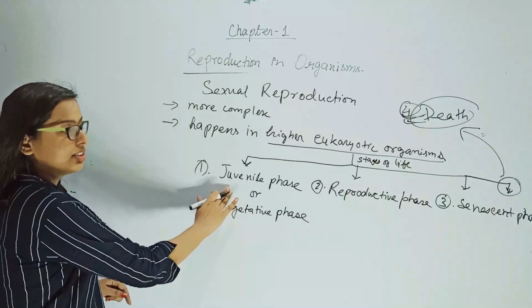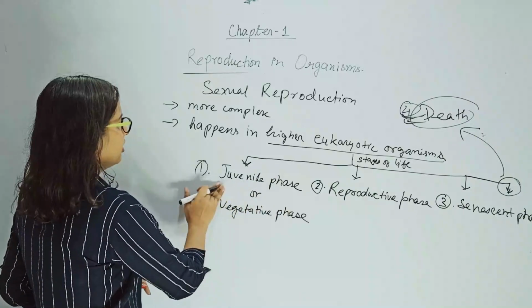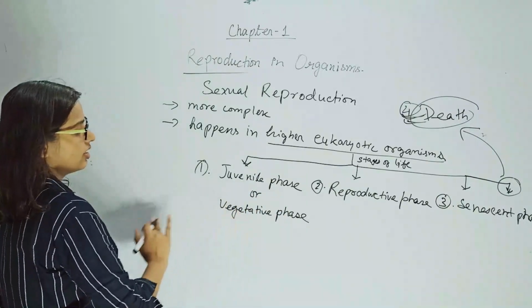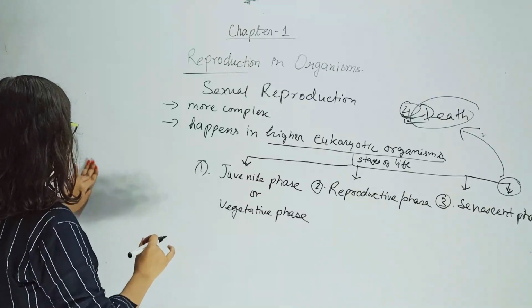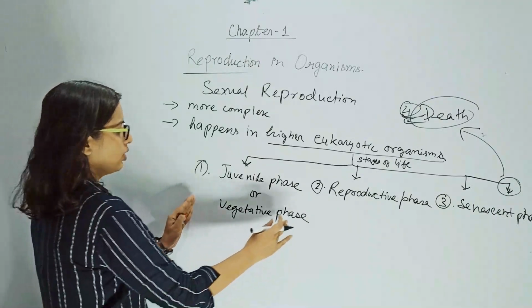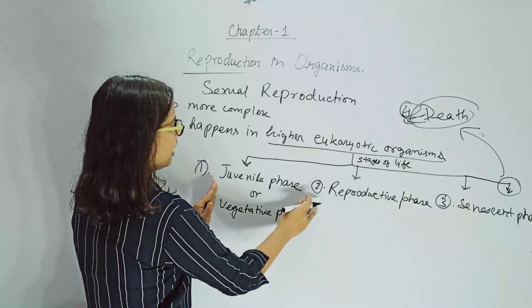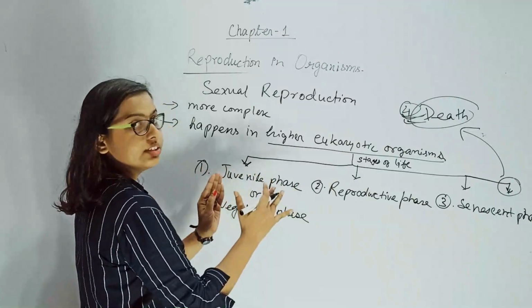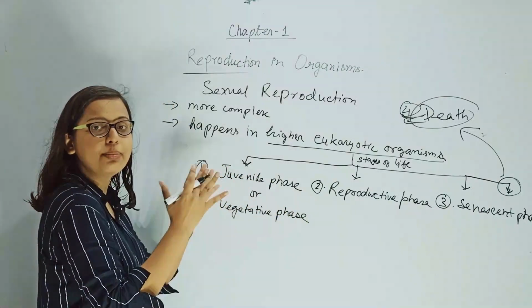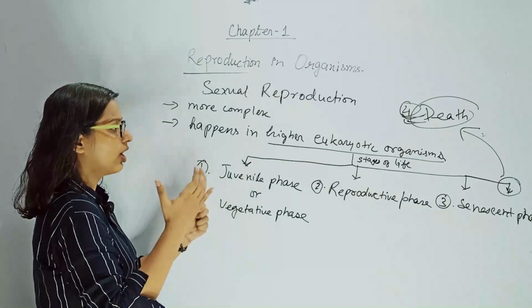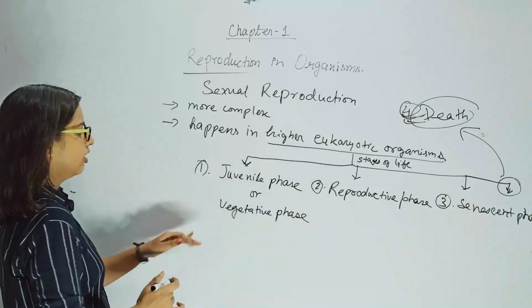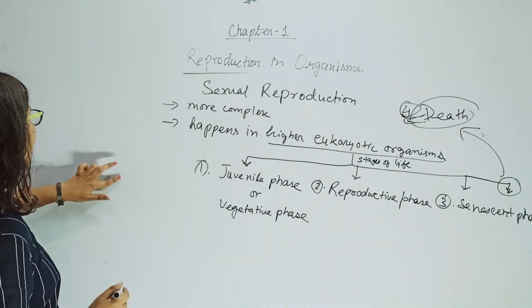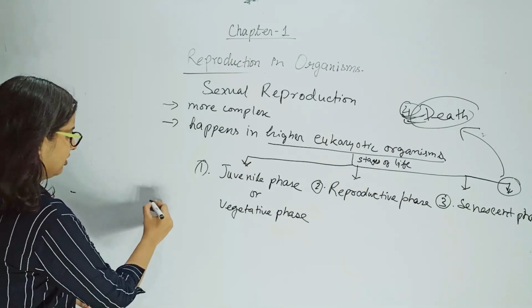In animals, this is the juvenile phase. In plants, this is the vegetative phase. Since I told you that the vegetative or juvenile phase is the period up to which the organism is growing and maturing for the reproductive phase.